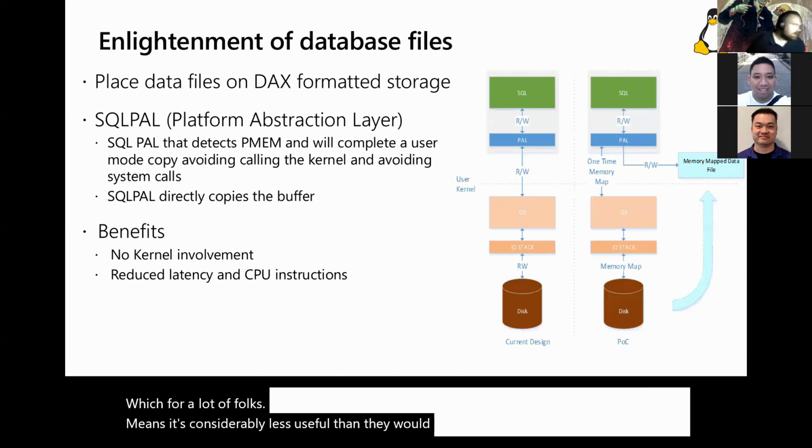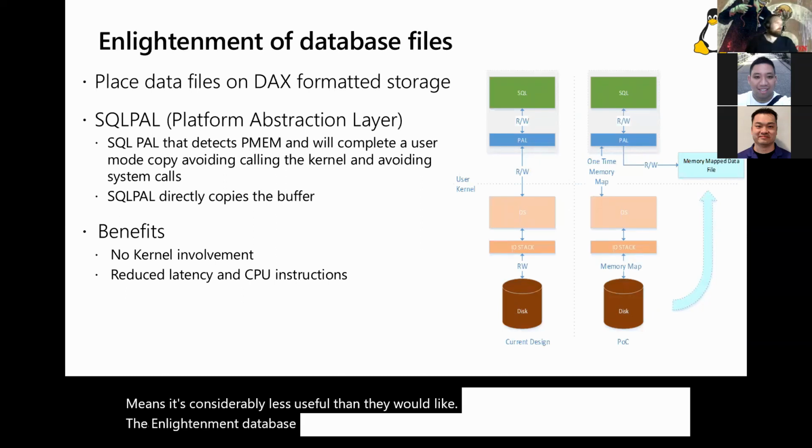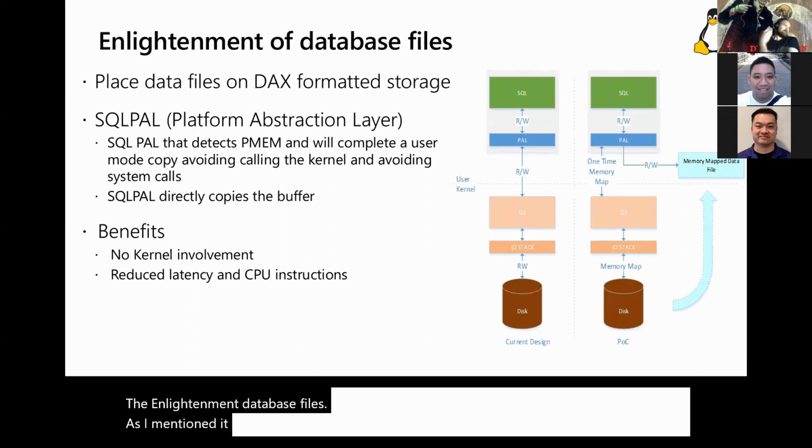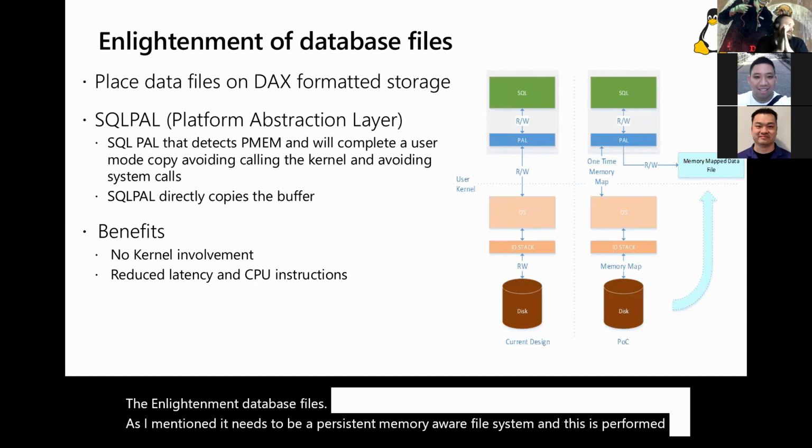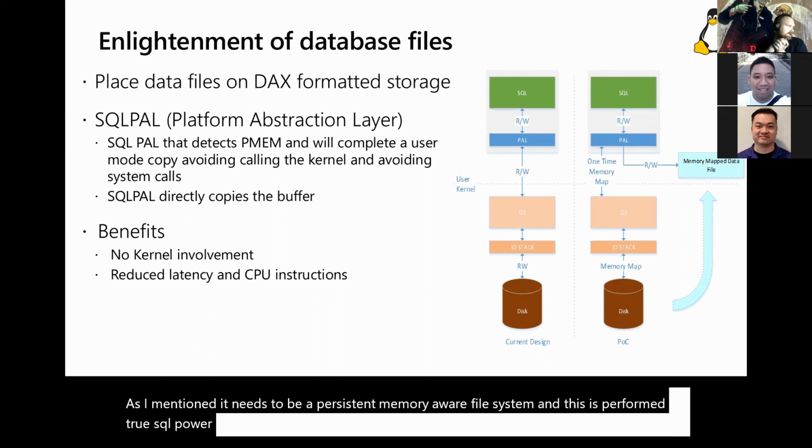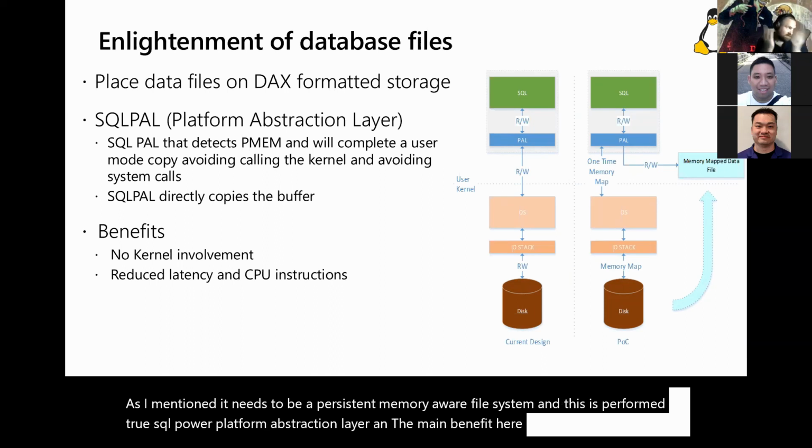The enlightened database files, as I mentioned, need a persistent memory aware file system, and this is performed through SQLPAL, our platform abstraction layer. And the main benefit here is that we've no involvement of the kernel.